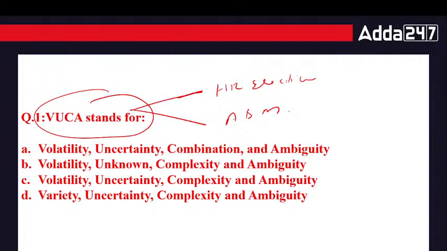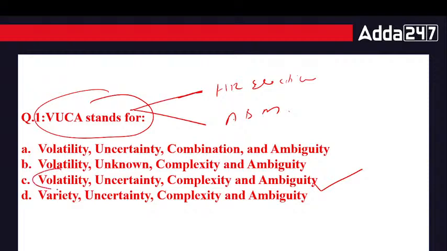First option is volatility, uncertainty, combination and ambiguity. Second is volatility, unknown, complexity and ambiguity. C is volatility, uncertainty, complexity and ambiguity. Variety, uncertainty, complexity and ambiguity. So here the right answer is B.